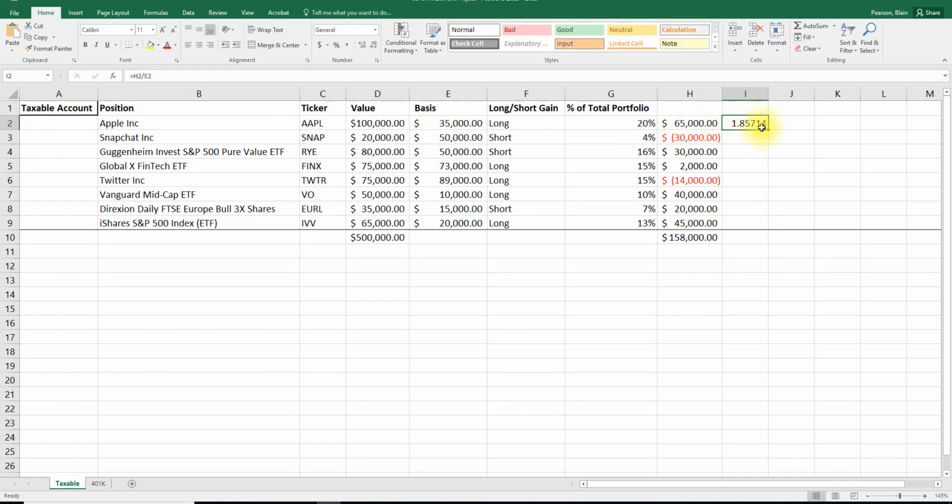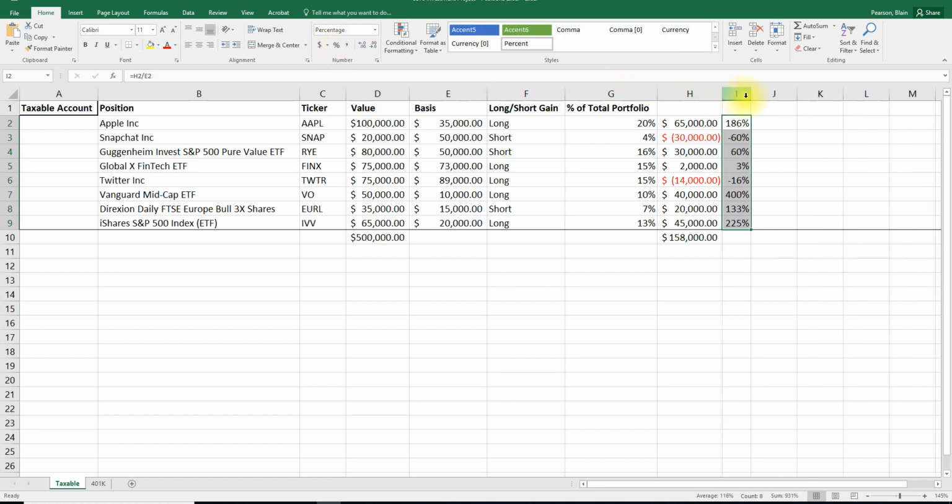I can then take that number and drag it down. To convert this to a percent, I can simply hit the percentage button. This tells me how much percent gain she has had on her account.